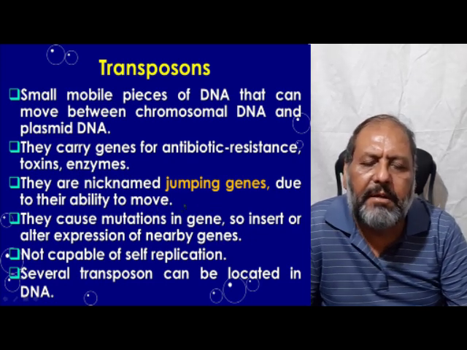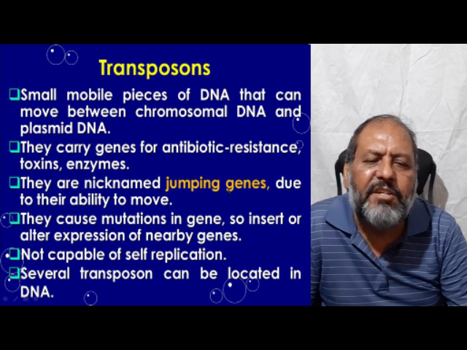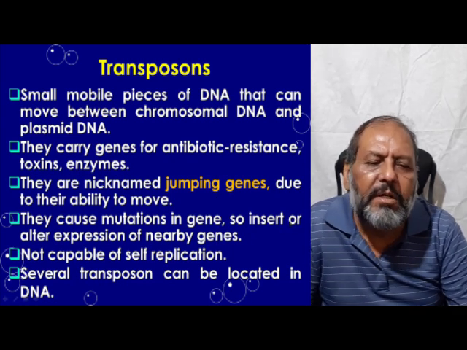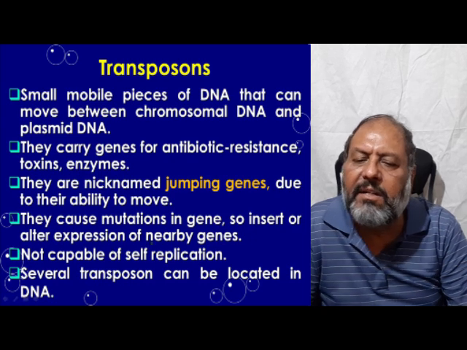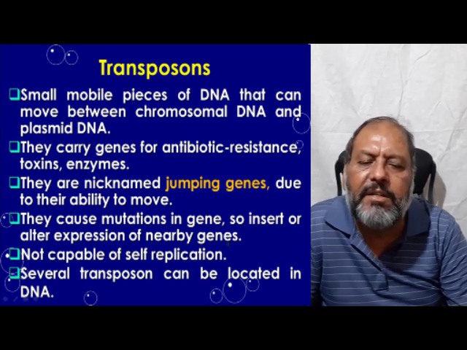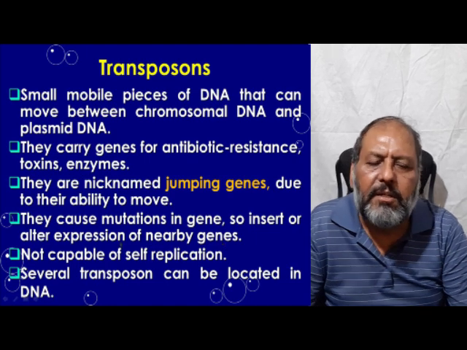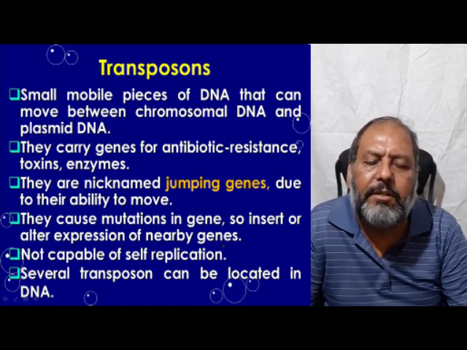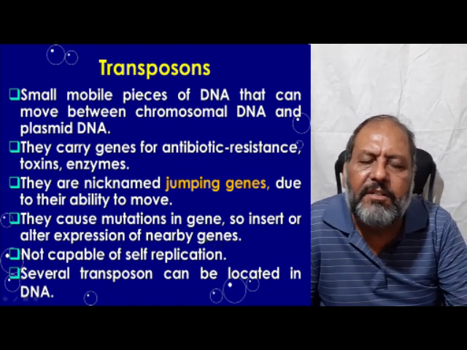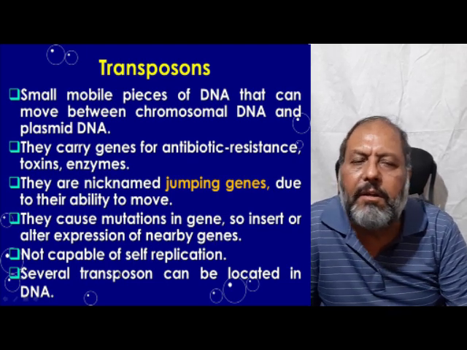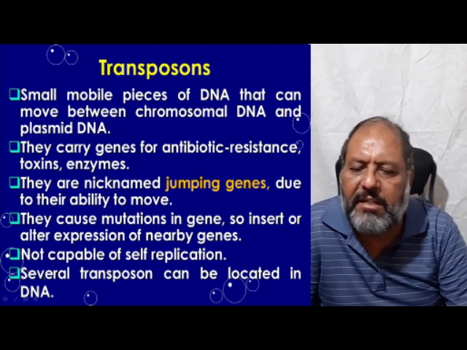They cause mutation in the gene, inserting into or altering the expression of nearby genes on that part of the DNA, changing the function of the gene already there. They are not capable of self-replication.